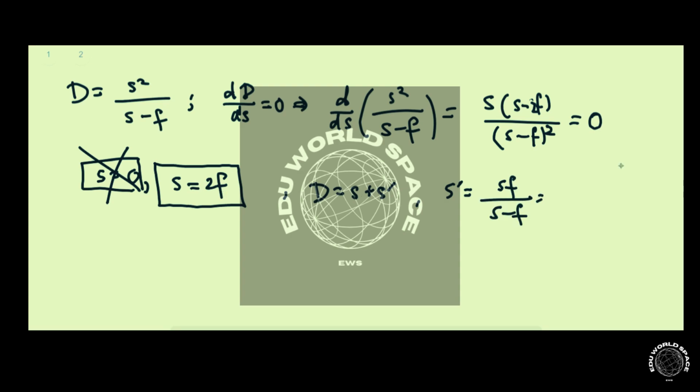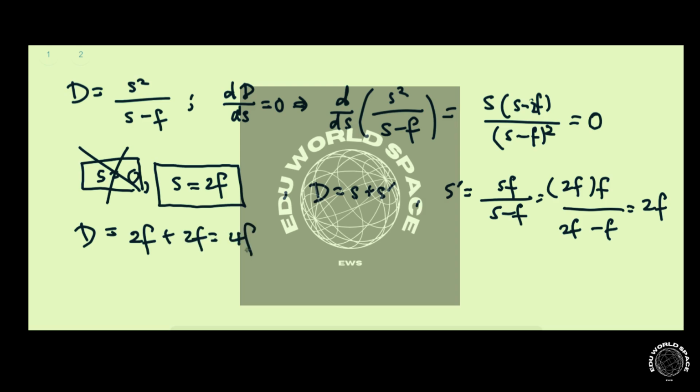And let's substitute 2f for s, 2f minus f. And that gives me a 2f. So then d is 2f, which is s, plus 2f, which is s prime. That's 4f. And there we have our minimum distance.